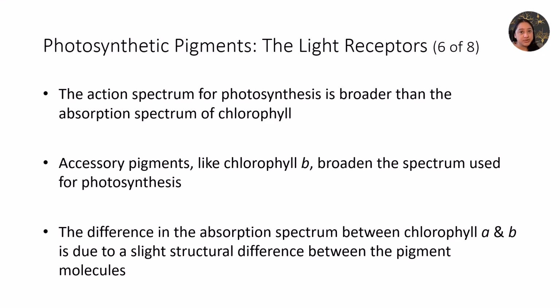So the accessory pigments like chlorophyll B broaden that spectrum used for photosynthesis. And even though they're both chlorophylls, there are tiny differences in the molecule structure that make them able to absorb slightly different stuff.